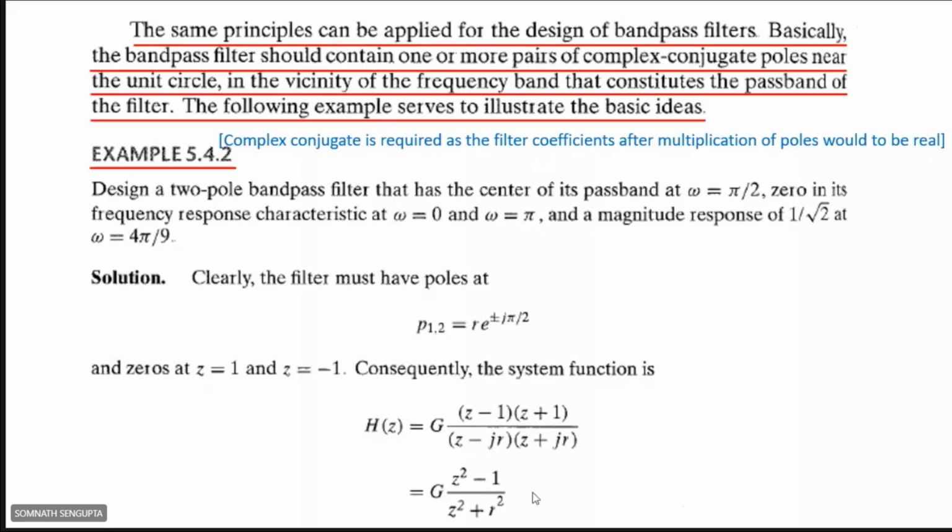So complex conjugate मतलब सिंगल एक कॉम्प्लेक्स पोल ले सकते हैं, लेकिन कॉम्प्लेक्स कंजुगेट इसलिए लेते हैं कि when we multiply the poles in the transfer function, then the coefficient arising out of that multiplication will be real number. इसलिए फिल्टर डिजाइन आसान होगा. हम लोग जब फिल्टर डिजाइन करते हैं, सो हम लोग कांस्टेंट वैल्यू दैट शुड बी रियल वैल्यू लेते हैं. सिर्फ एक कॉम्प्लेक्स पोल लेने से भी काम हो सकता है, लेकिन कॉम्प्लेक्स कॉन्जुगेट लेने से क्या होगा, फिल्टर कोएफिशिएंट रियल होगा. ठीक है, अभी एक एग्जांपल देखते हैं.